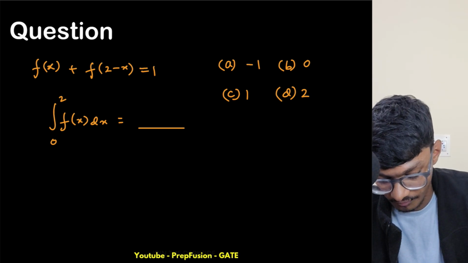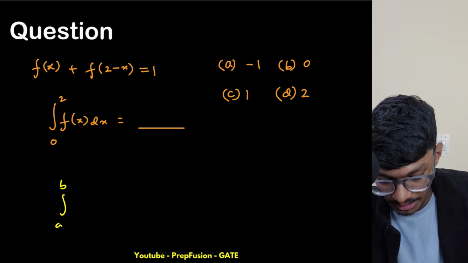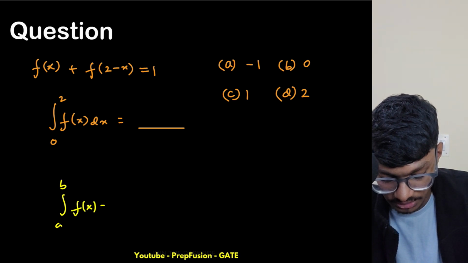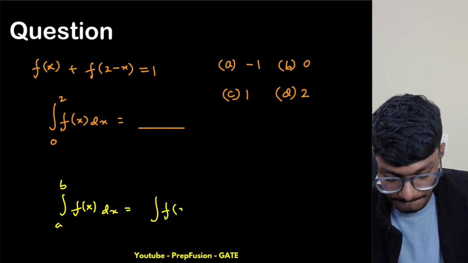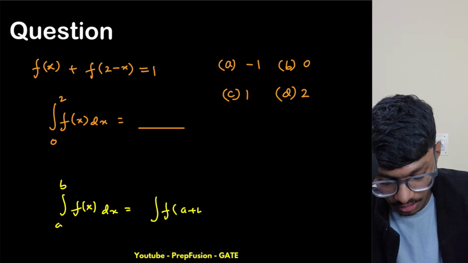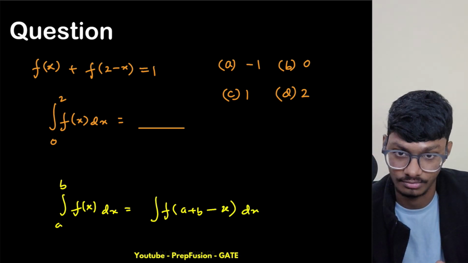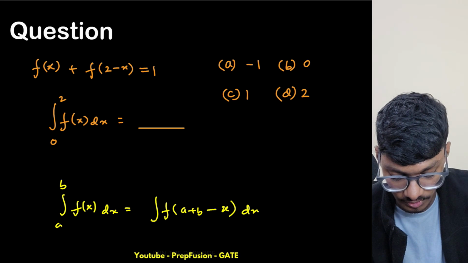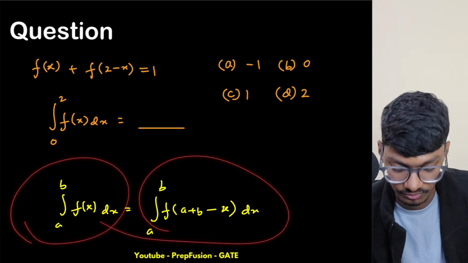If you have to find the definite integration between a to b of f of x dx, you can simply write f of a plus b, the sum of limits, minus x dx. As this is a property of definite integration, the limits will still remain the same. This integration and this integration will be the same.